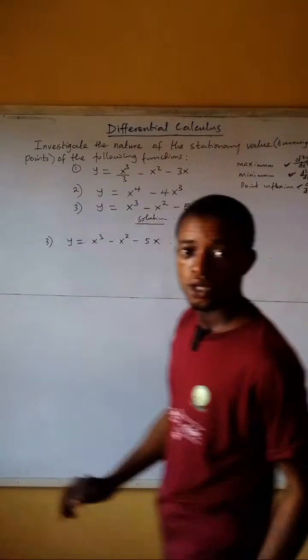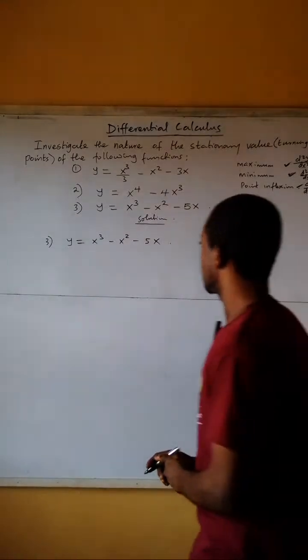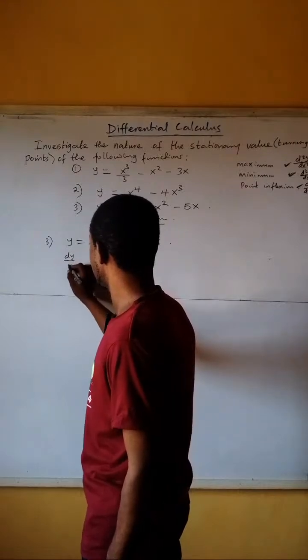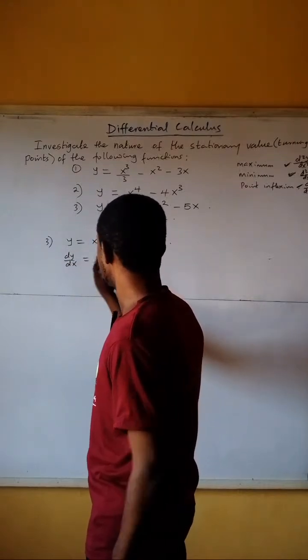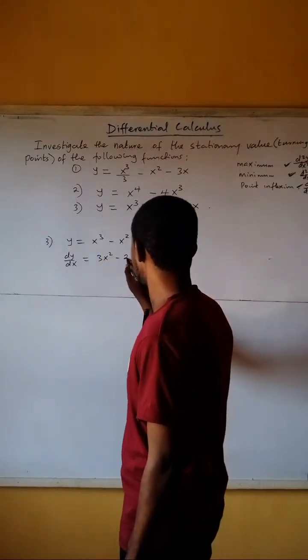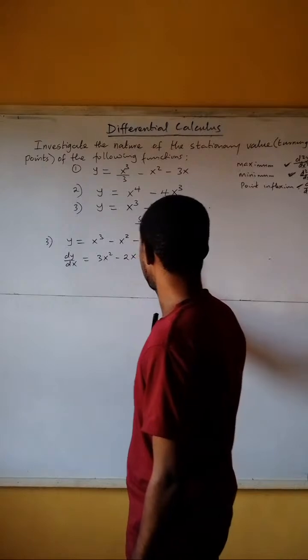Now, the first thing we do here is to differentiate with respect to x. So dy/dx is equal to 3x squared minus 2x minus 5.